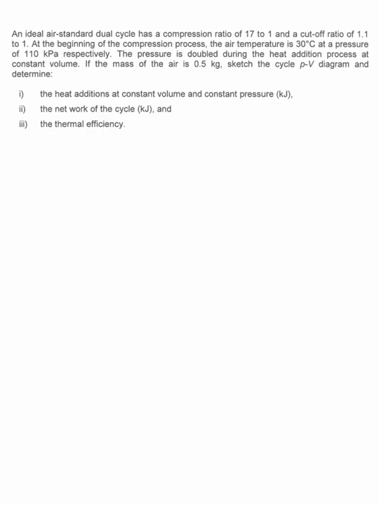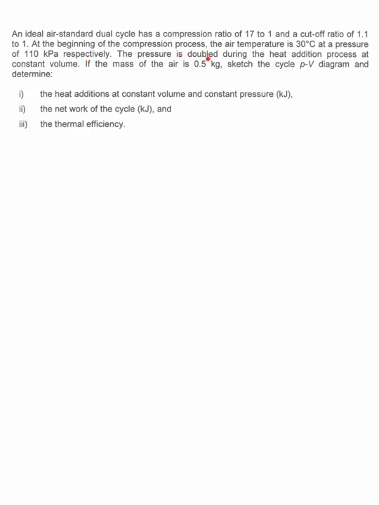It says that an ideal air standard dual cycle has a compression ratio of 17:1 and a cut-off ratio of 1.1. At the beginning of the compression process, the air temperature is 30 degrees C at a pressure of 110 kilopascal respectively.